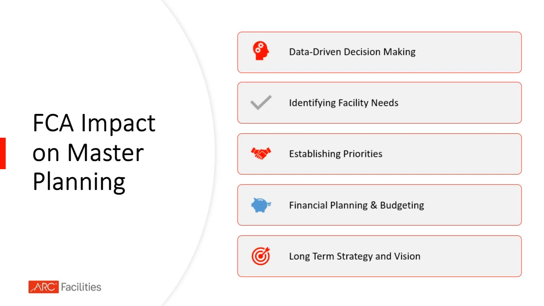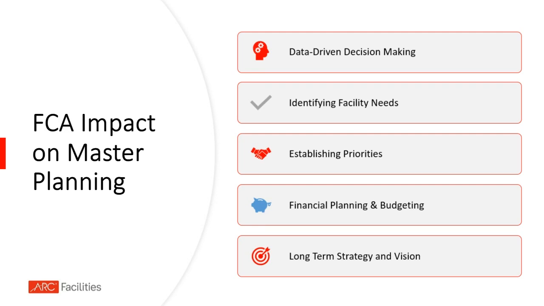It also allows you to establish priorities that make sense for you and your organization. But it helps you with financial planning and budgeting. So you understand the current state of your building infrastructure and your equipment. But it also helps you develop that long-term strategy and vision within your organization.